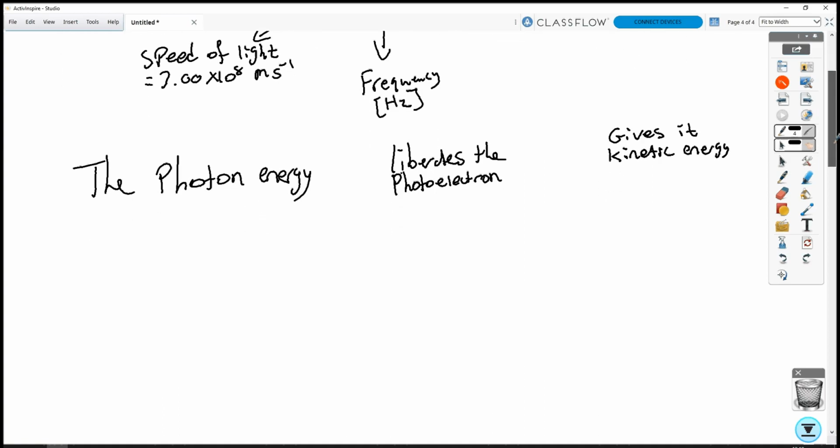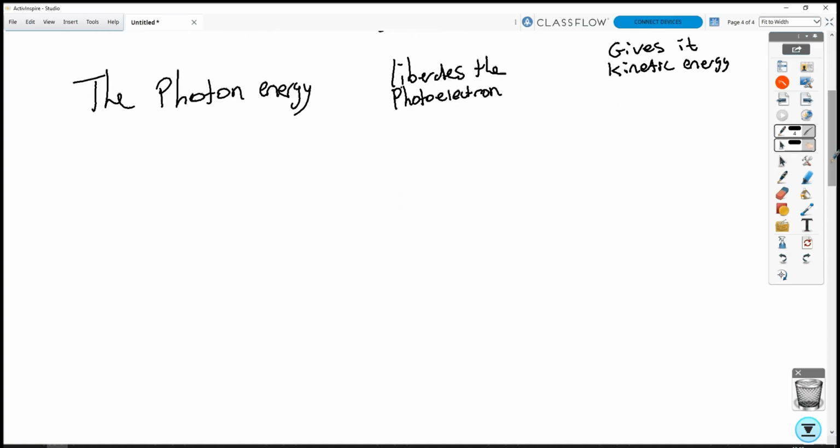So here we can write an equation. The equation E, this is the energy of the photon, is equal to the energy required to escape that material. We use the Greek letter phi, plus kinetic energy.